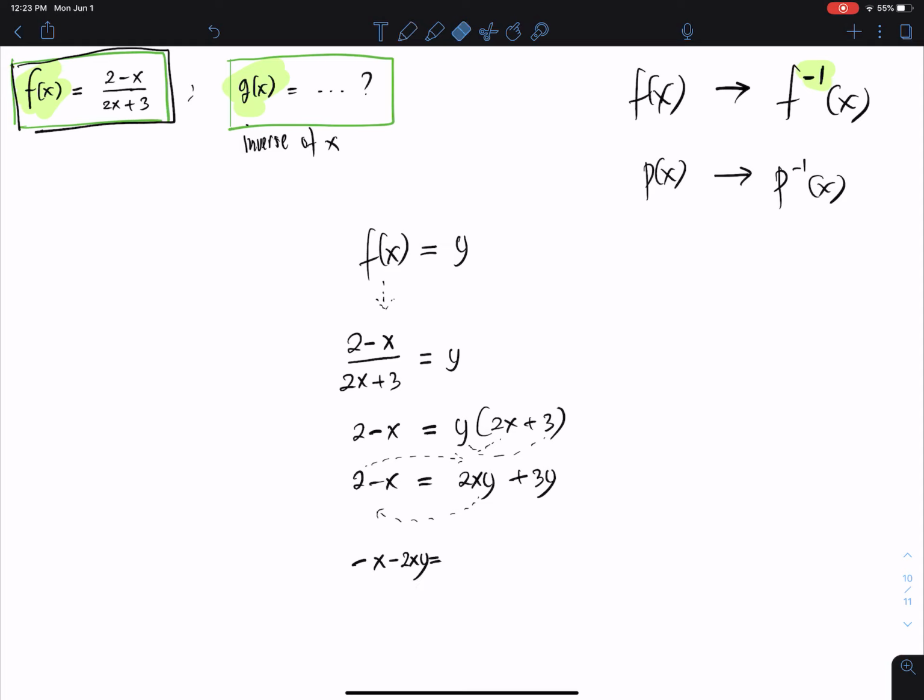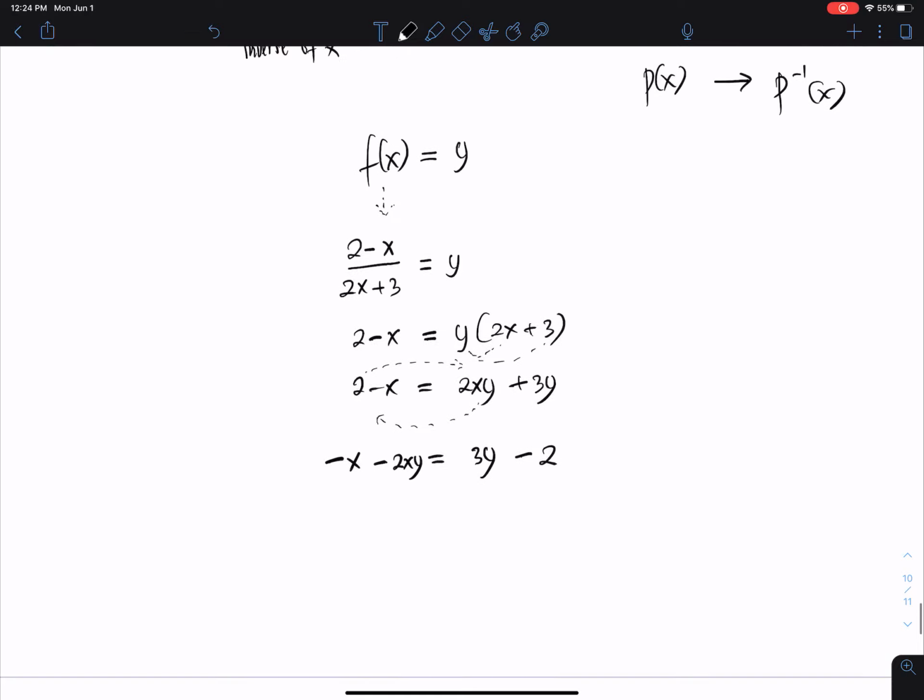Let me make the gap first. Minus x and then minus 2xy. Over here 3y stays. The 2 from the other side moves over and becomes minus 2. Now it's clear. On the left side all with x, and on the right side all without x.